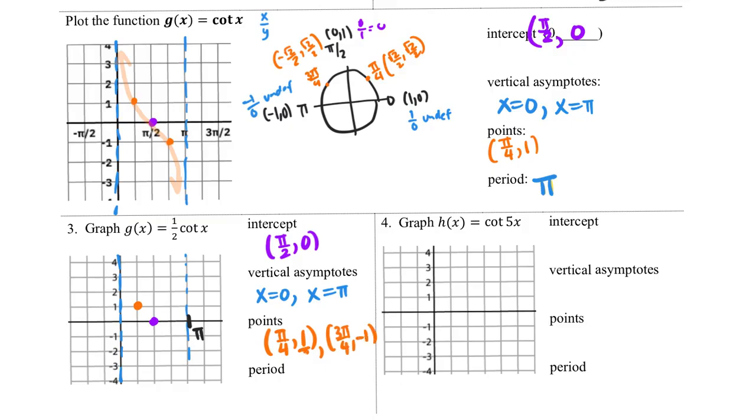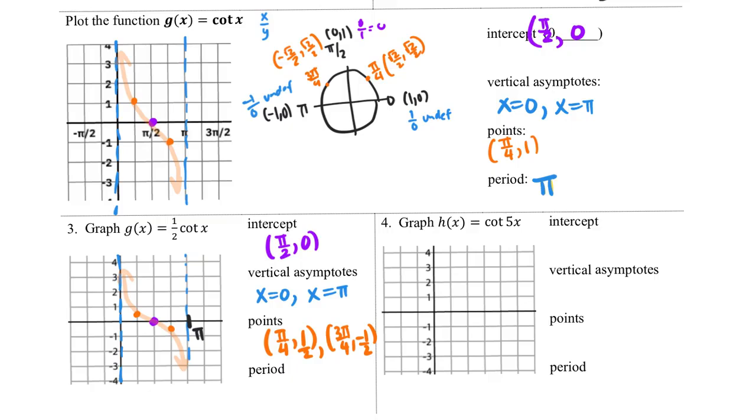Hold on, 1/2, 1/2. And let me erase my dot. So now I only go halfway, halfway. Still goes up on the left, down on the right. And I'm going to go ahead and sketch it, approach my asymptotes. Okay, there we go. That's my 1/2 cotangent x, vertical shrink.